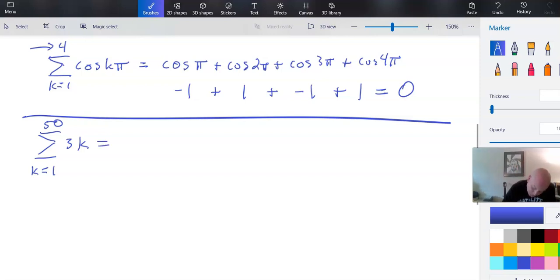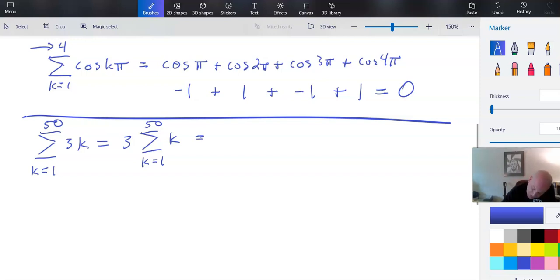So let's go ahead and see what we can do here. I have a rule that says I can pull a constant out. So I'm going to rewrite this way. And this is the sum from k equals 1 to 50 of, well, I pulled the 3 out, so it's just k now. Well, I have a formula for that, right?